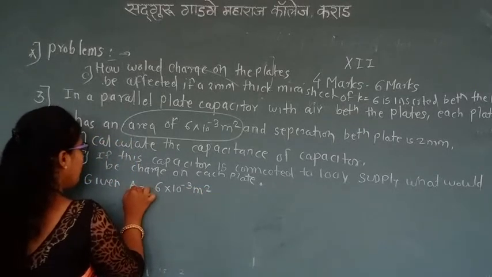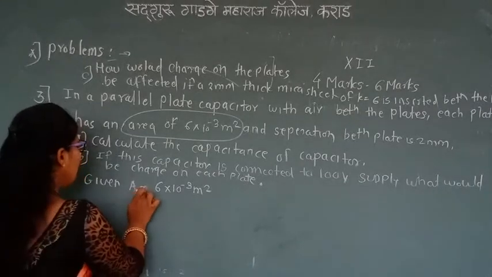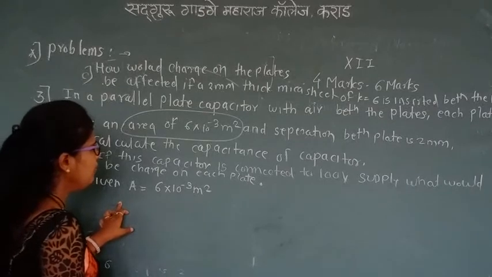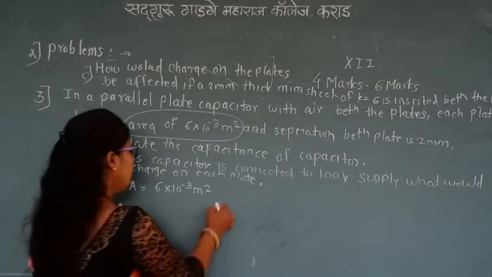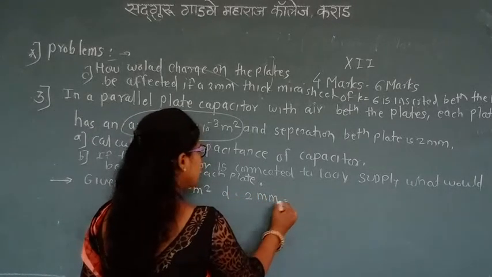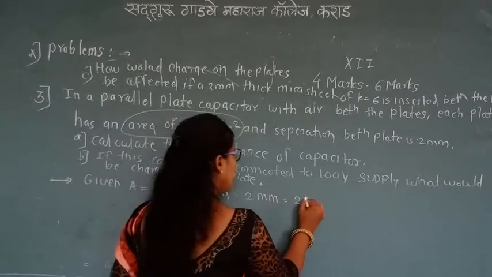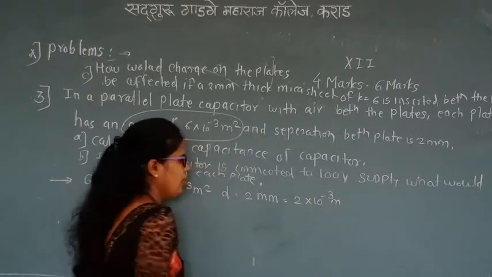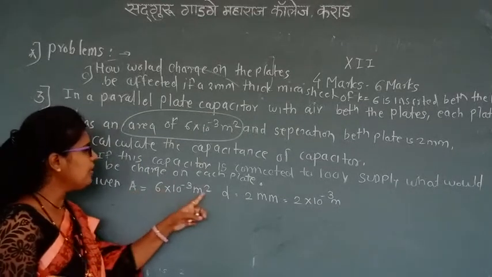Each given quantity must have the same units, so first we have to convert each quantity into the same units. The second given is the separation between the plates, D, which is 2 mm, and we have to convert mm into meter: 2 into 10 raised to minus 3 meter. Here A is given and D is given.